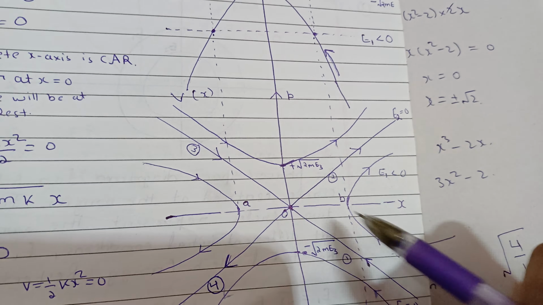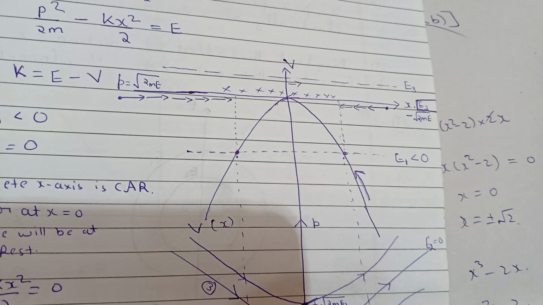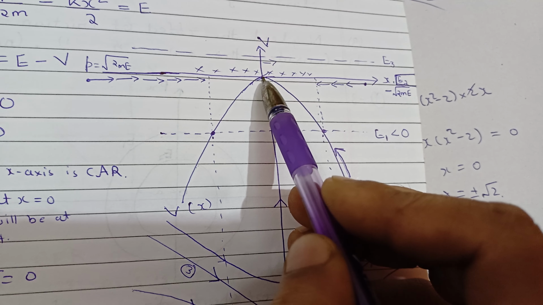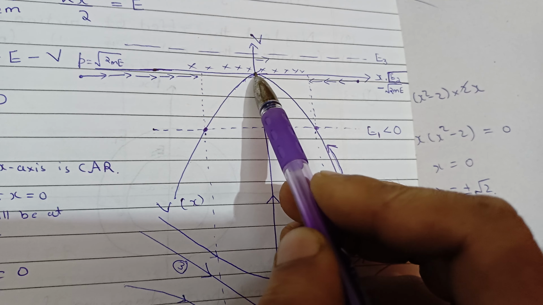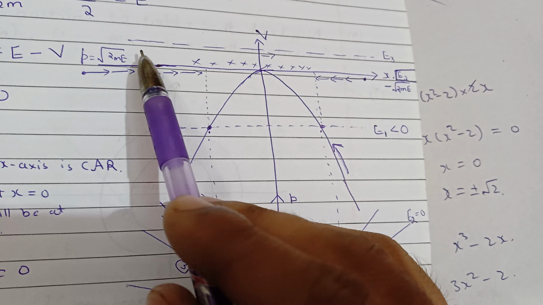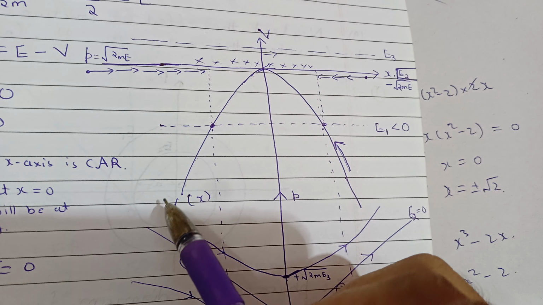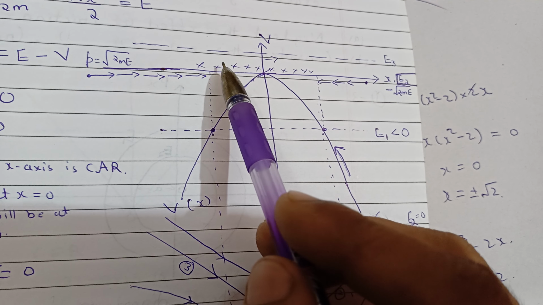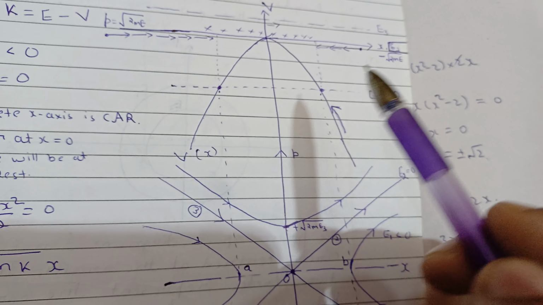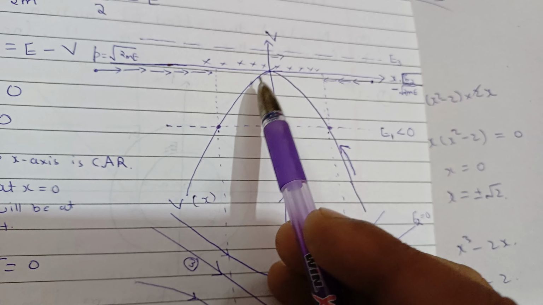Now let's see when energy is equal to 0, meaning on the x-axis. Now we will see the particle should be here, it should be at rest. Okay, so if the particle is coming from this side, then potential energy is increasing, kinetic energy is decreasing, and then momentum is decreasing, and this will be a straight line. Why? Because energy is 0.